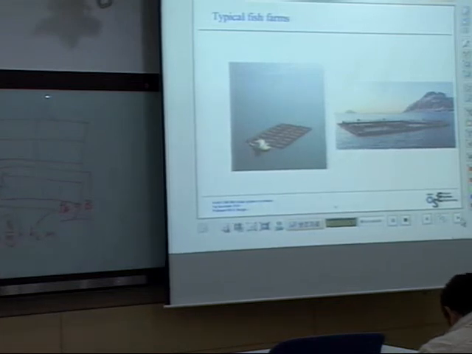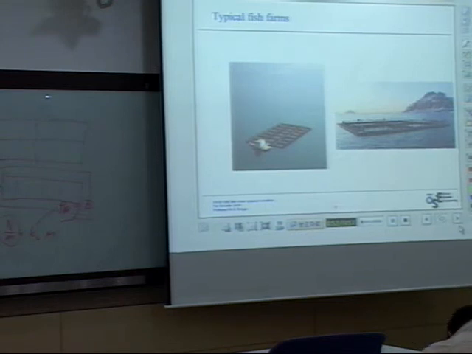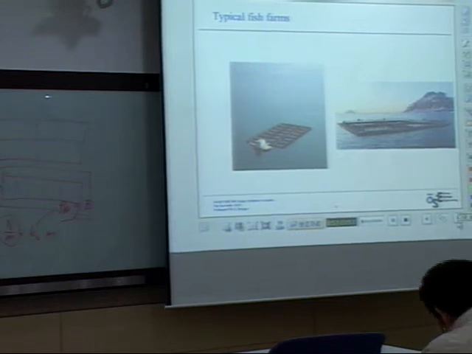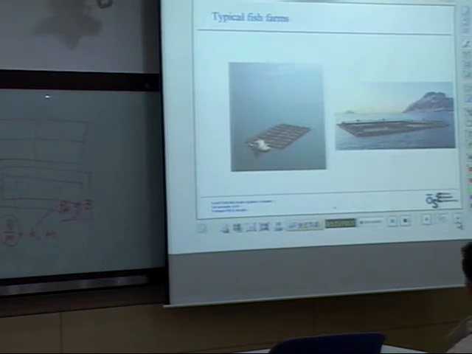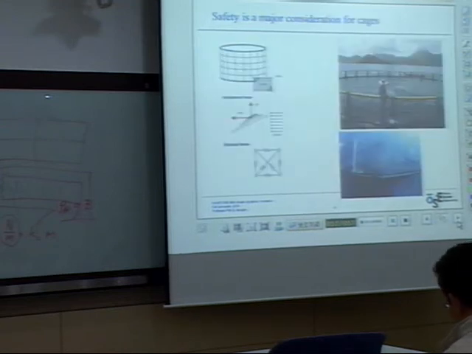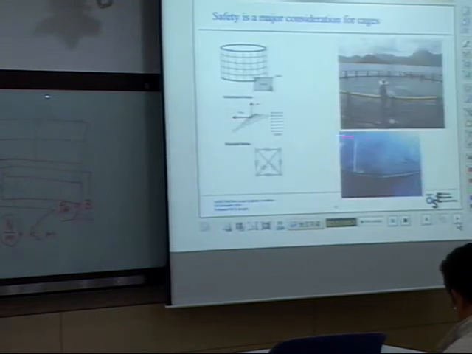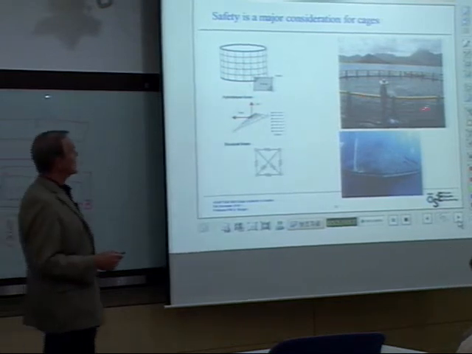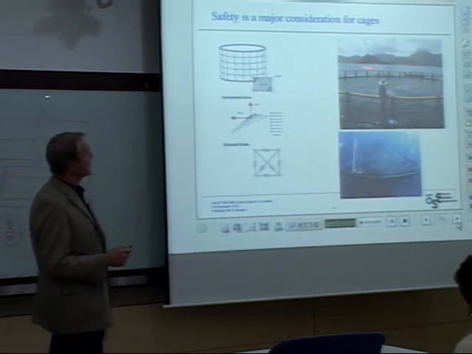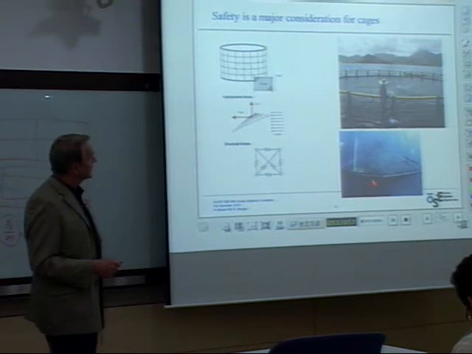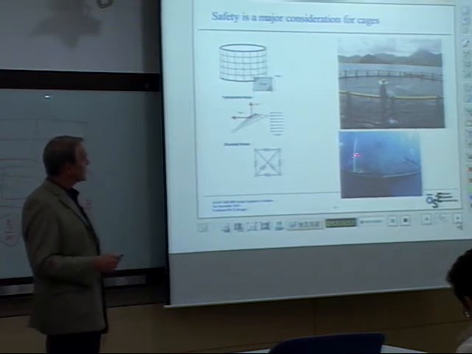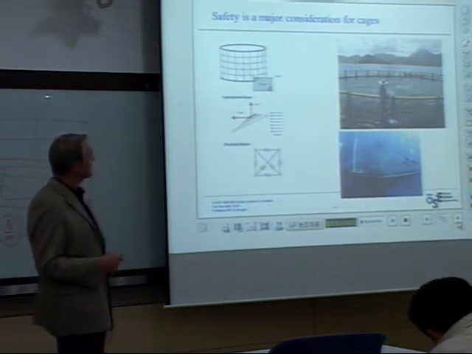Many of the same problems as we talked about for large floaters also apply to this kind of structures. And of course there's a big problem with fish escaping, so one has to build fences around here. One can build submerged cages, etc.